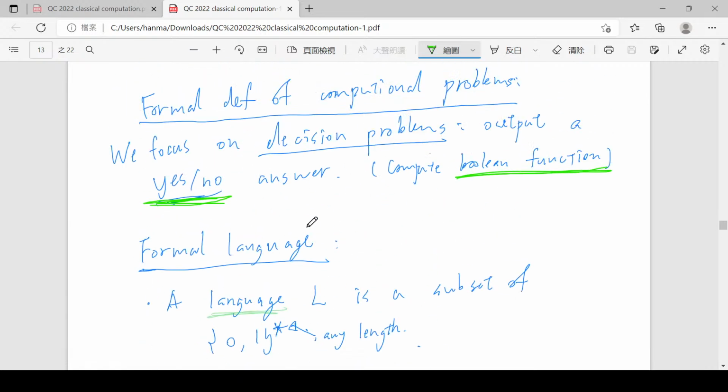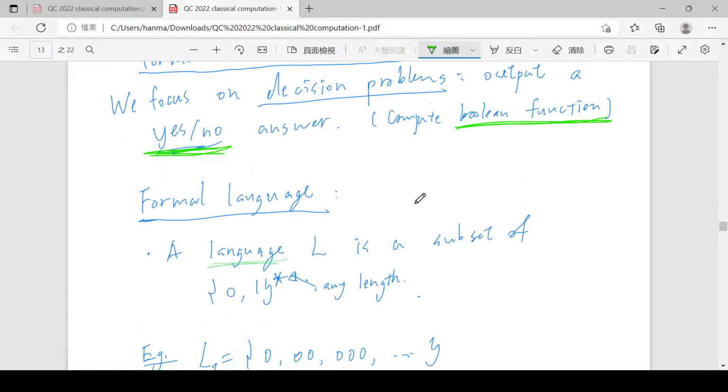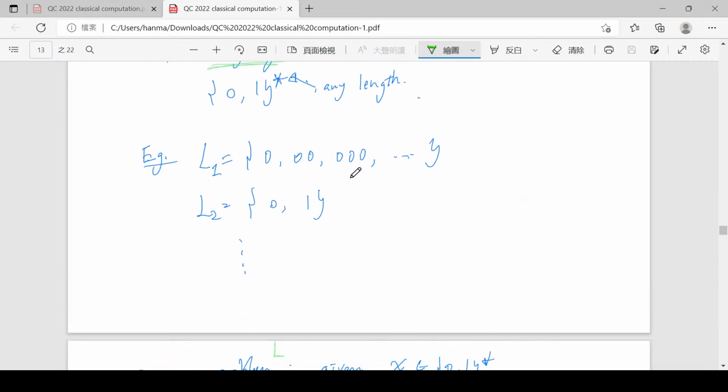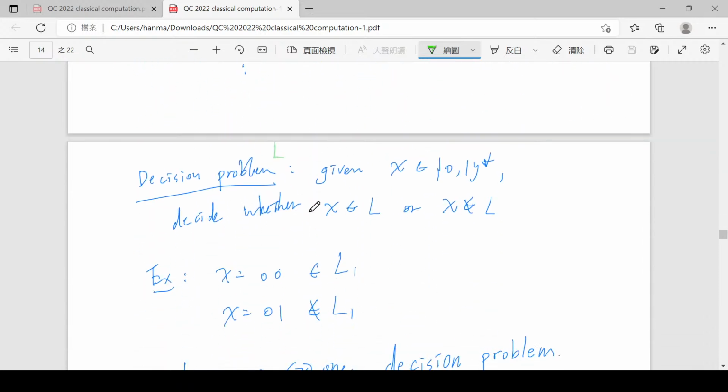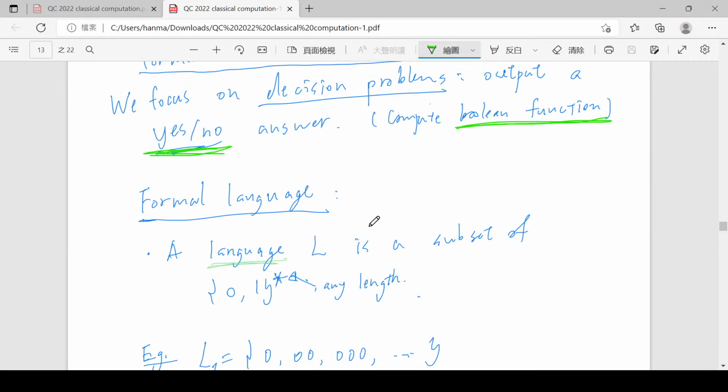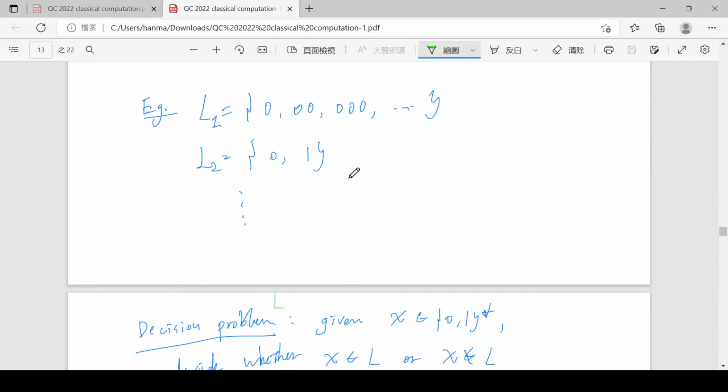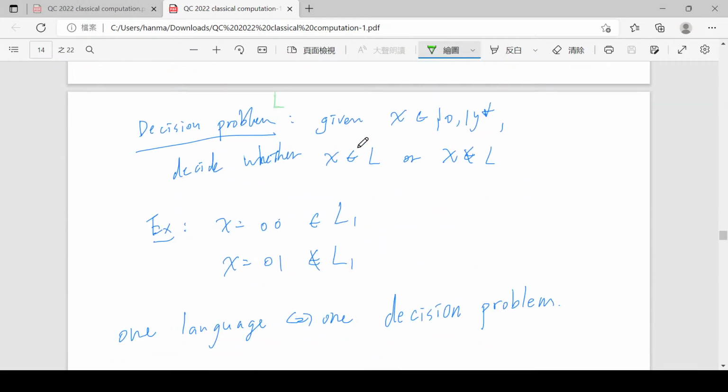And as we said, we define this formal language because we want to describe Boolean function. So basically, there is a very easy connection between Boolean function, or a decision problem, and a formal language.